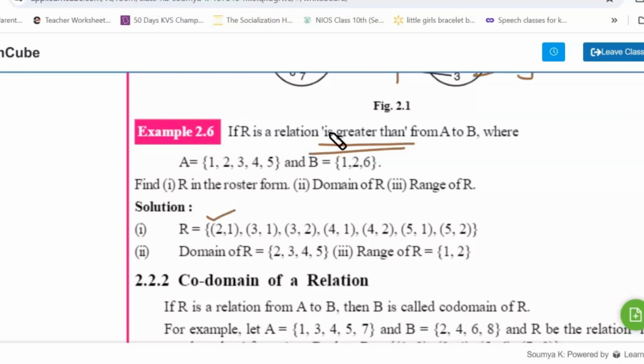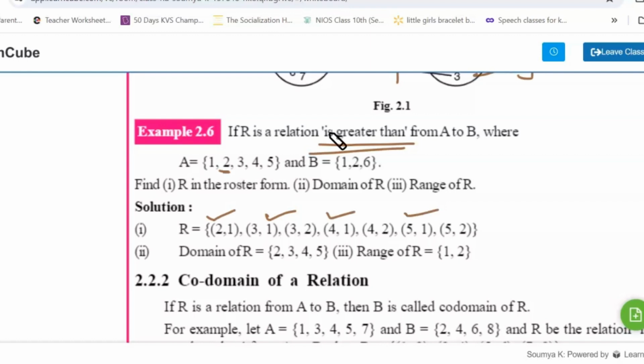Then comes 2, 2, which is not possible. 3, 1 possible, 4, 1 possible, 5, 1 possible. So 3, 1, 4, 1, 5, 1. All these elements are taken out.